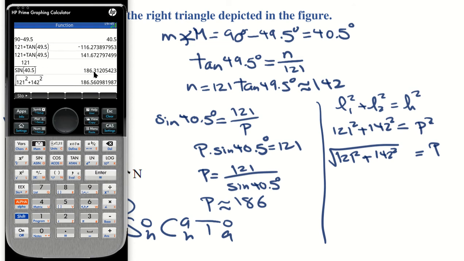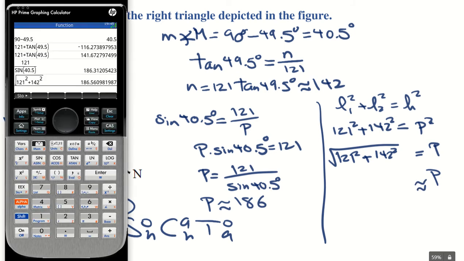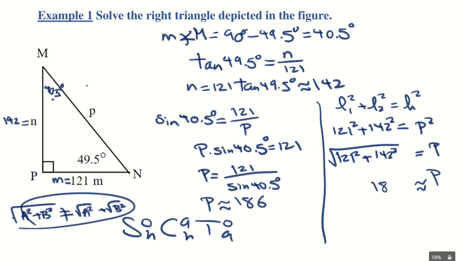And notice we get something close, not exactly the same, but close, right? So in this method, if we actually do the rounding correctly, we do actually end up with approximately 187.